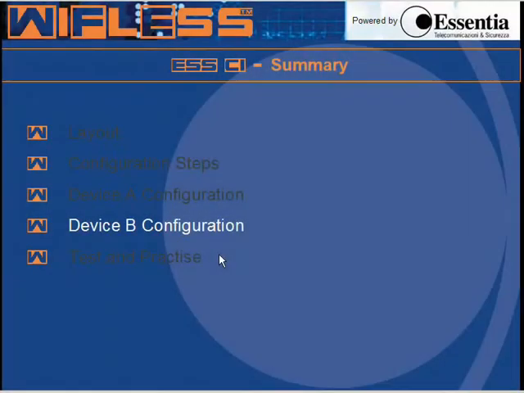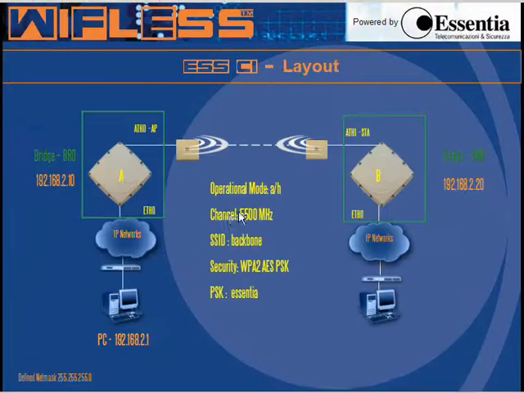We will now pass to configure device B. I'm connecting my PC directly to the B device. The B device is reset to factory default, and we will configure it by connecting on the Ethernet 0 port.